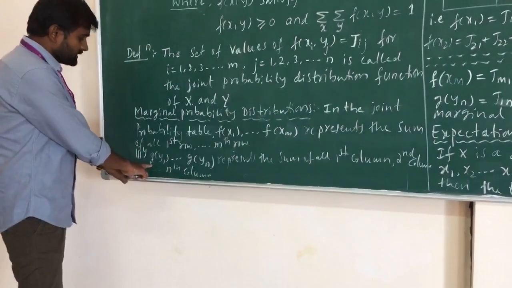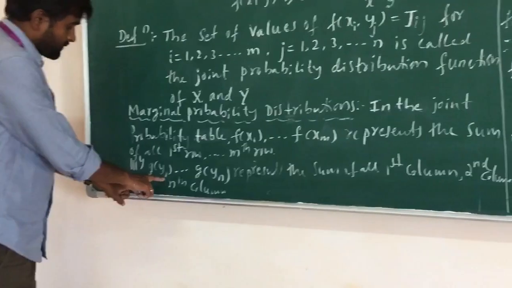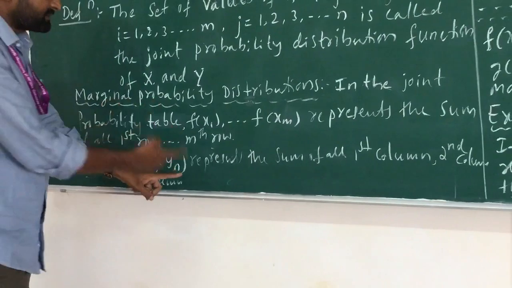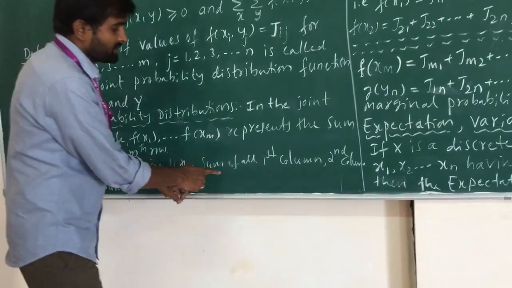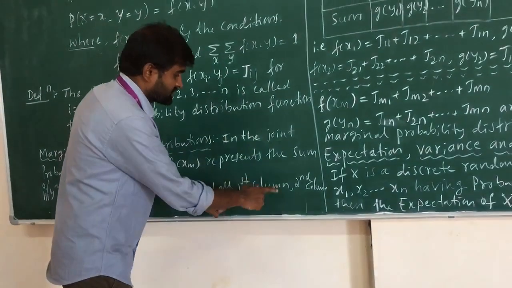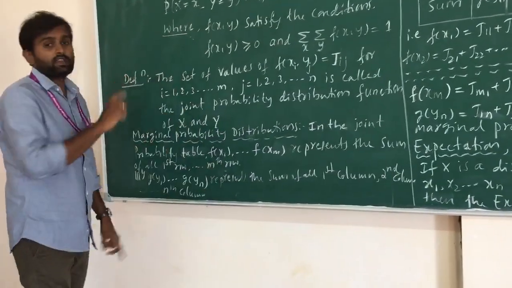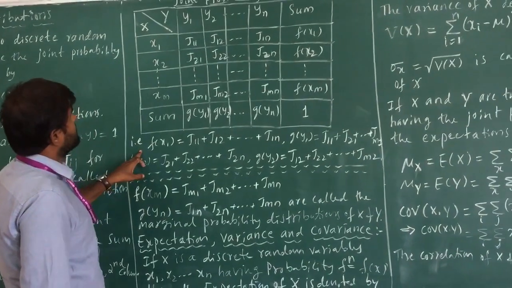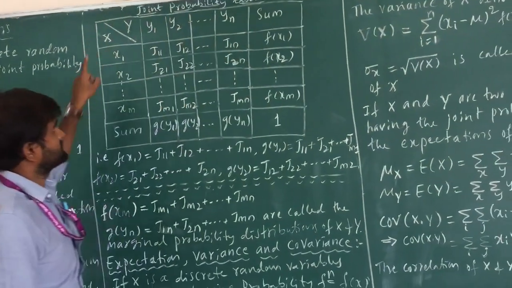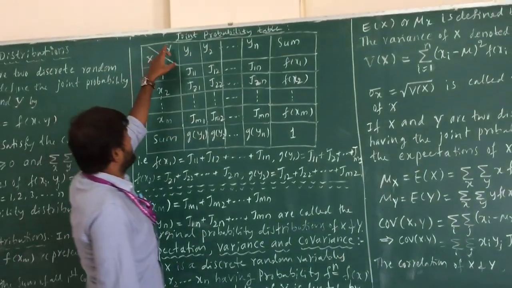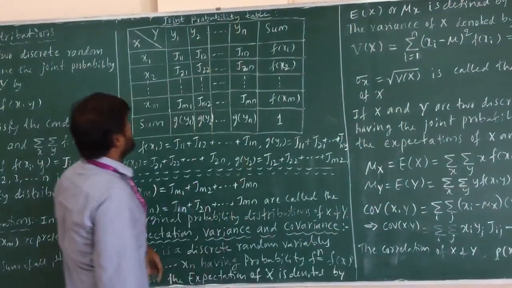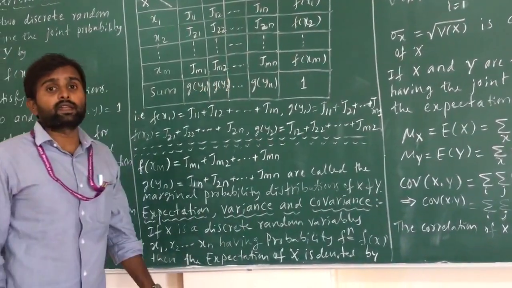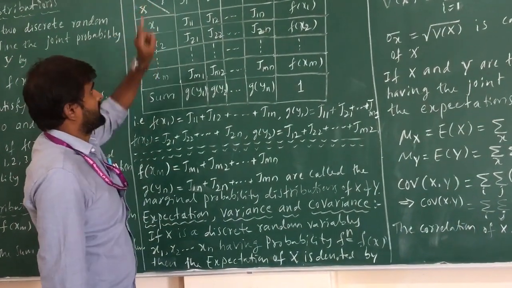Similarly, g of y1, g of y2, and so on up to g of yn respectively represent the sum of all the entries of the first column, second column, and so on up to the nth column. We have this given table, which is a joint probability table. We have a random variable X, then the random variable Y, capital X and capital Y, right?